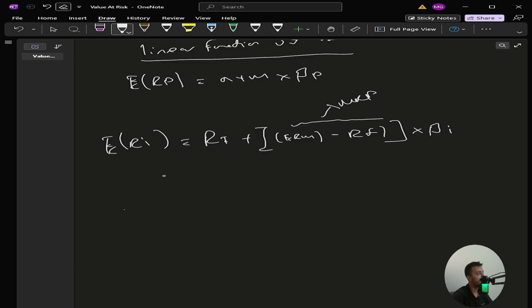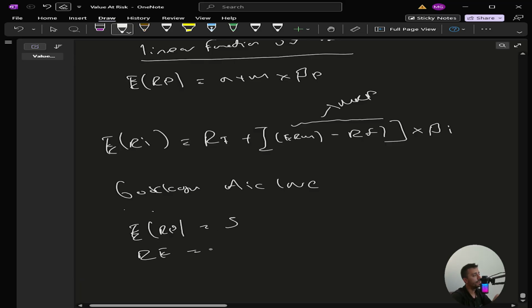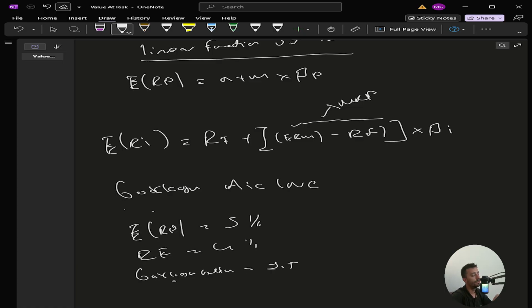For instance, assume you are assigned the task of evaluating Gökkaya Air. To evaluate the stock, you need to calculate the required rate of return using CAPM. The following is available: expected market return is 5%, and RF is 4%, and Gökkaya beta is 1.5.